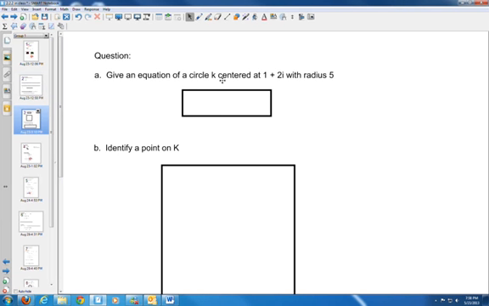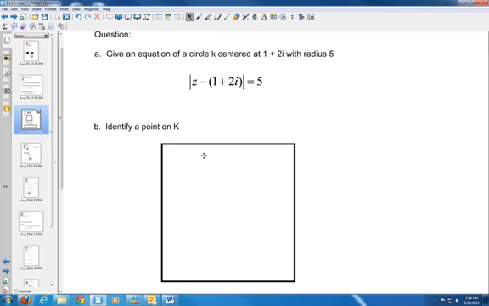Given a circle K, centered at 1 plus 2i with radius 5, how can we represent that? Well, when we're talking about circles, we're looking for all points z whose distance away from 1 plus 2i equals 5. So here's a way for us to represent that equation.